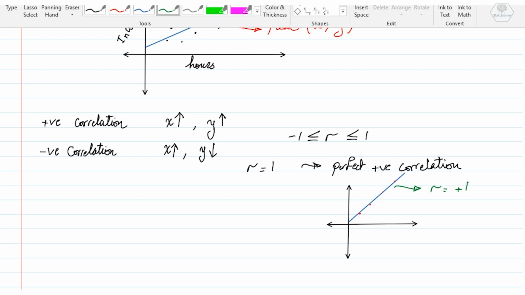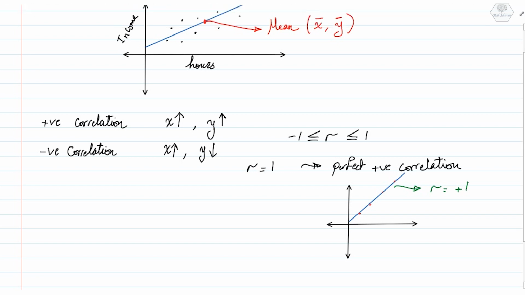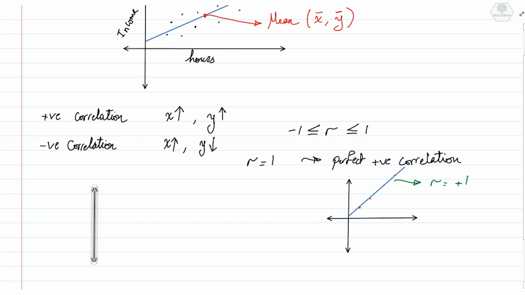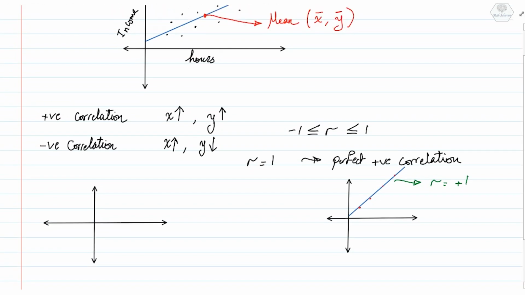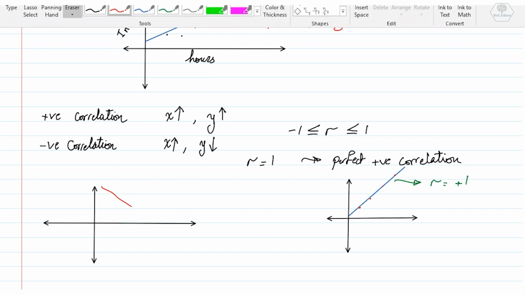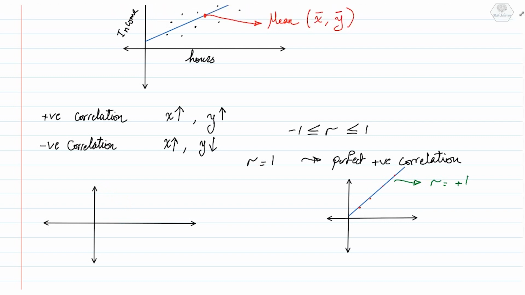If I'm forming a perfect straight line like this, let me draw the axis first. And this is my perfect straight line.